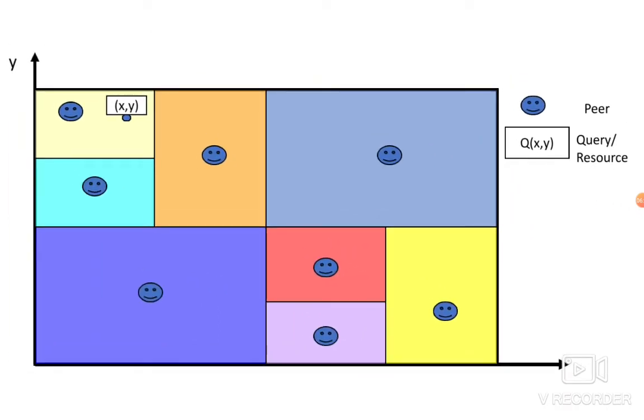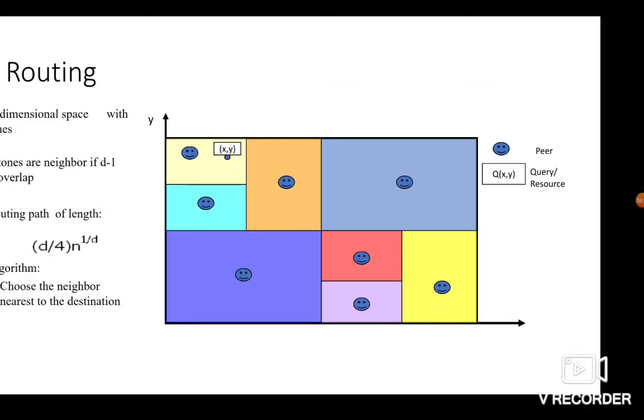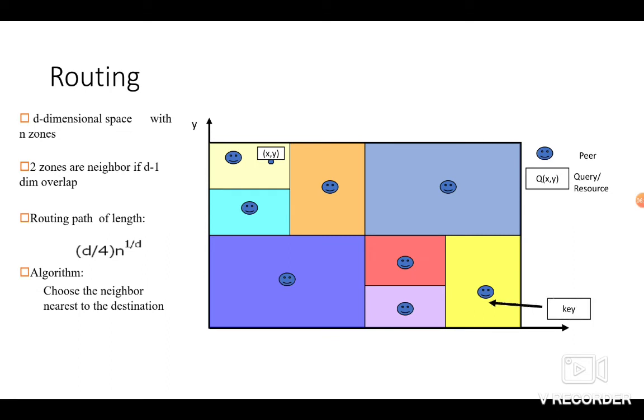We have so many points and we have the query. This query is forwarded to the first node. If it is not matched, by referring to the routing table, the query is forwarded to the next nodes.